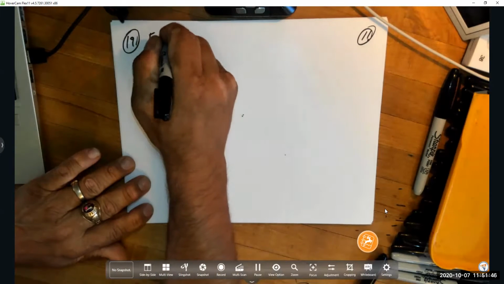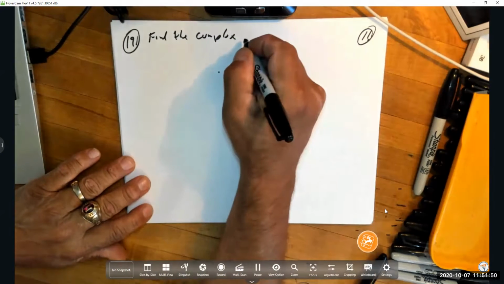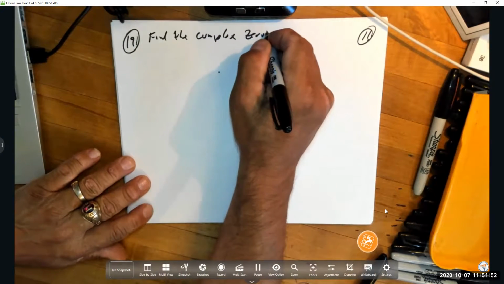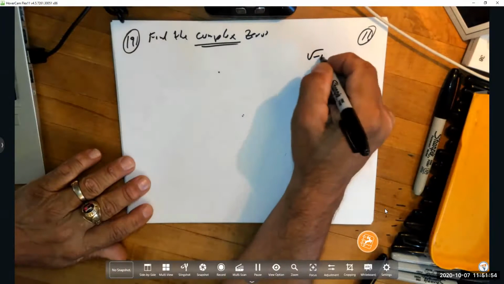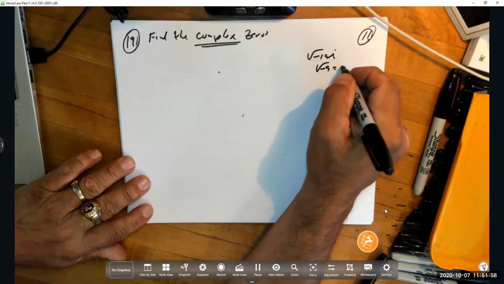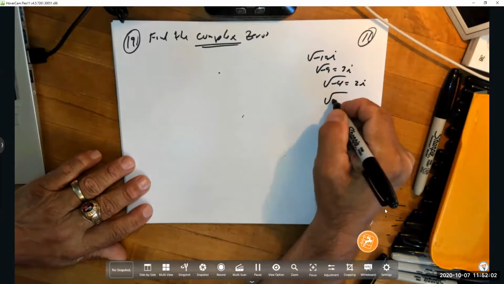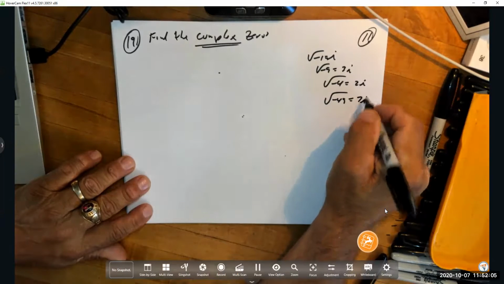It says find the complex zeros. Okay. All that means is you're going to have i stuff. Stuff like this. Stuff like that. Stuff like this.